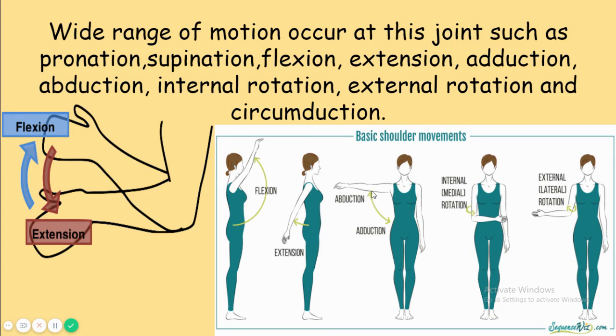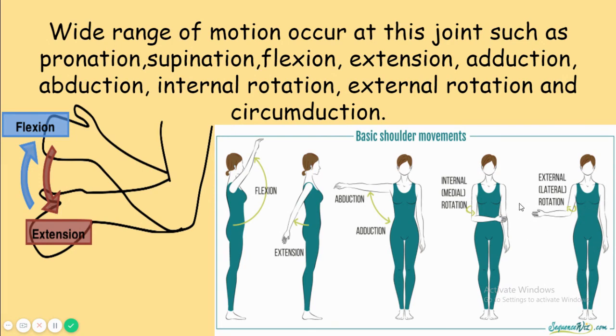Adduction means the movement of the arm towards the midline. Abduction means movement of the arm away from the midline. Okay. Medial rotation means rotation of the arm towards the midline. Lateral rotation means rotation of the arm away from the midline.